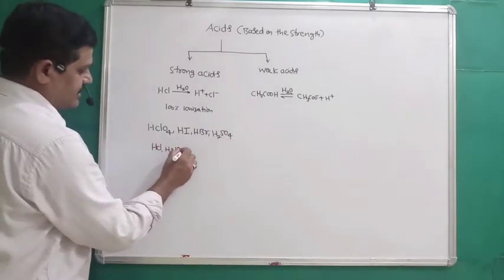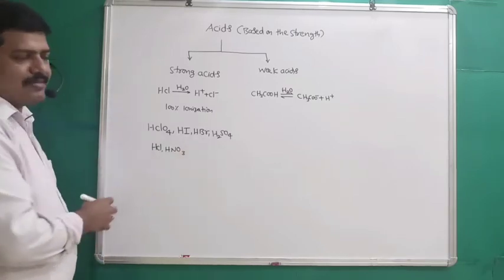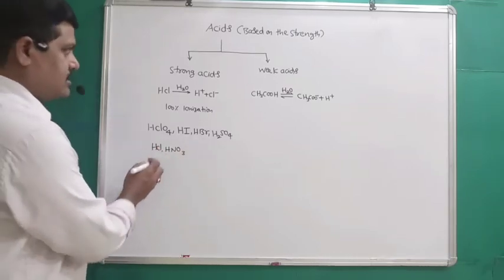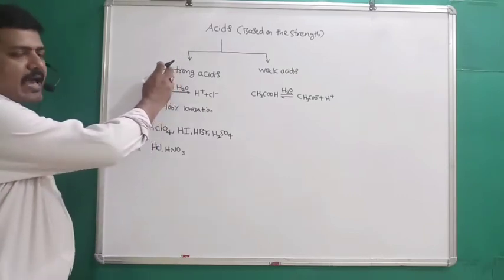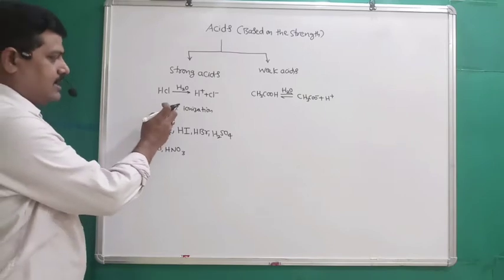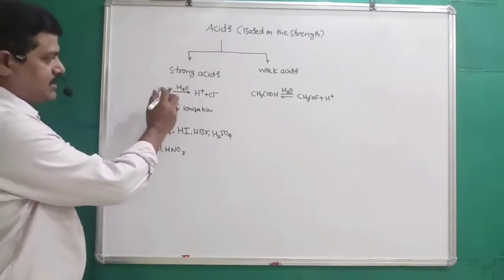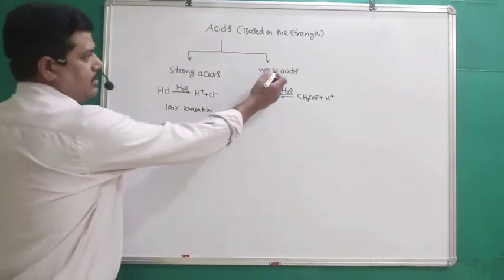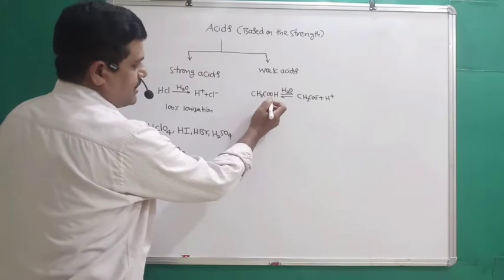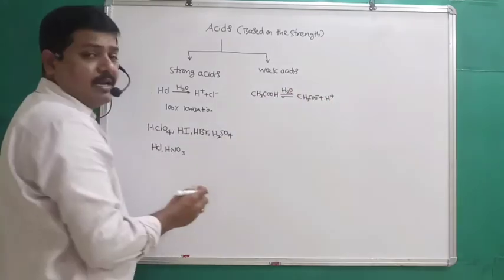These 6 acids we can consider as strong acids. Other than these 6, we have to consider as weak acids, right? Strong acids ionize 100% in water, and no molecular form will exist. For weak acids in the aqueous medium, both molecules as well as ionic form will exist.